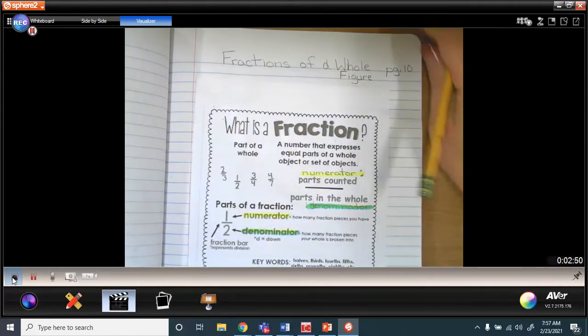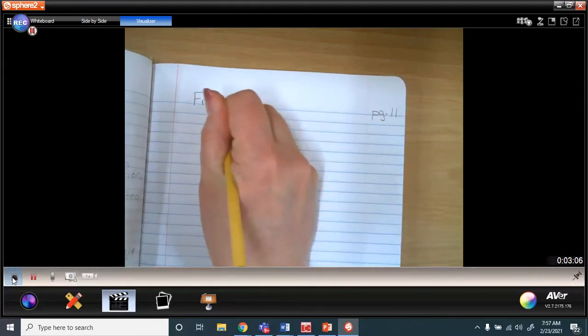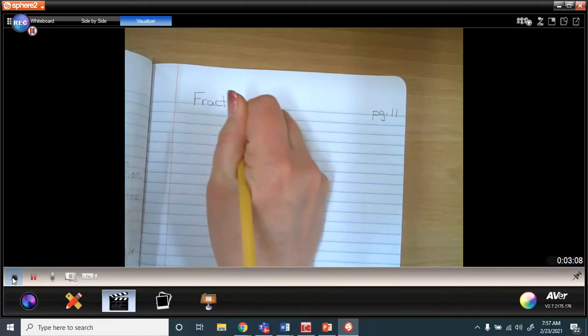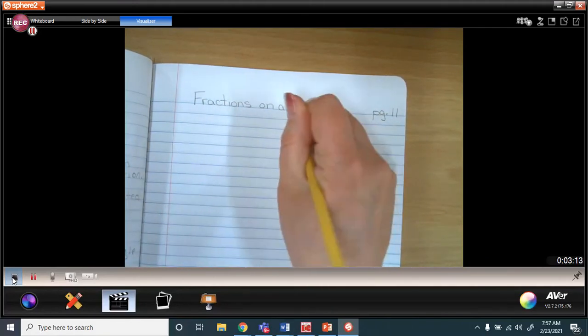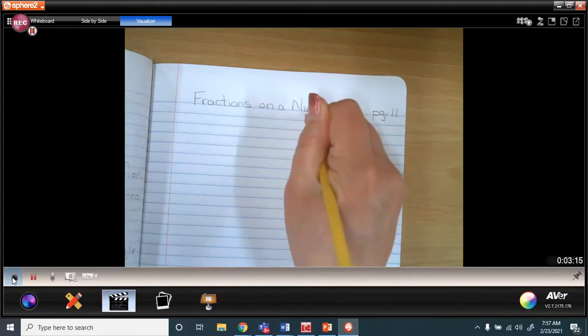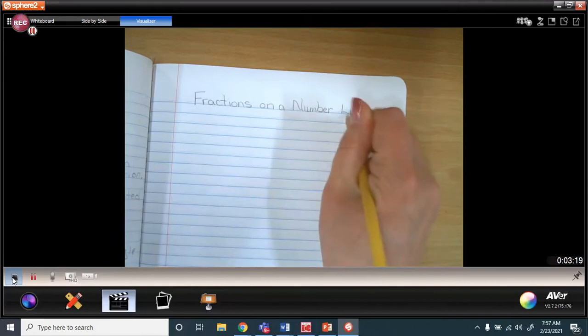And so if we're on page 10, we're going to skip to page 11. Okay, so this is going to be page 11. And we're going to put the title on the title line: fractions on a number line.